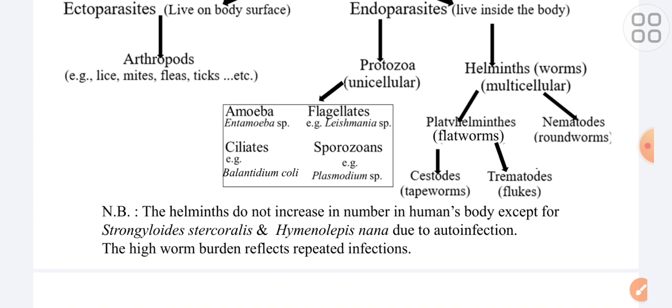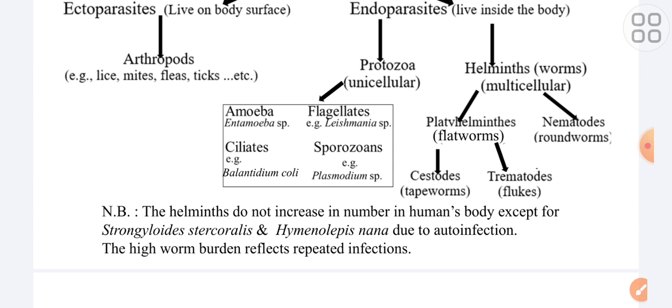The number of these worms will not increase. It may decrease by death of some, except for certain worms like Strongyloides stercoralis and Hymenolepis nana, where they lead to autoinfection. That is to say, they reinfect while they are inside the body.